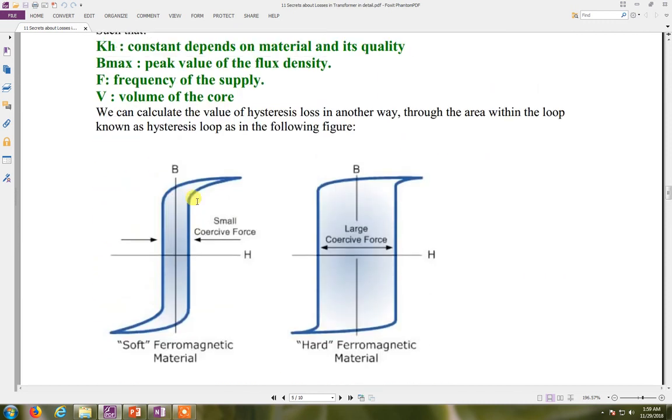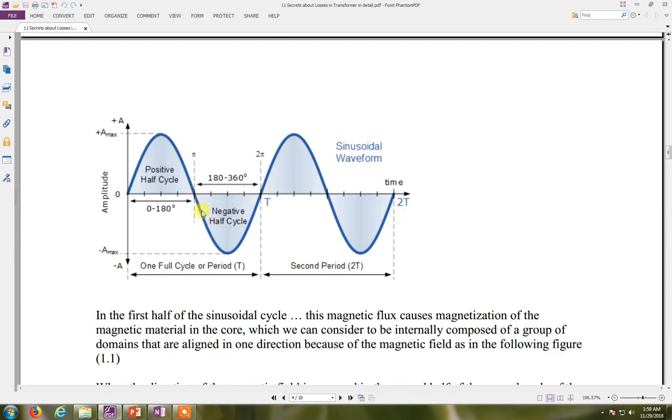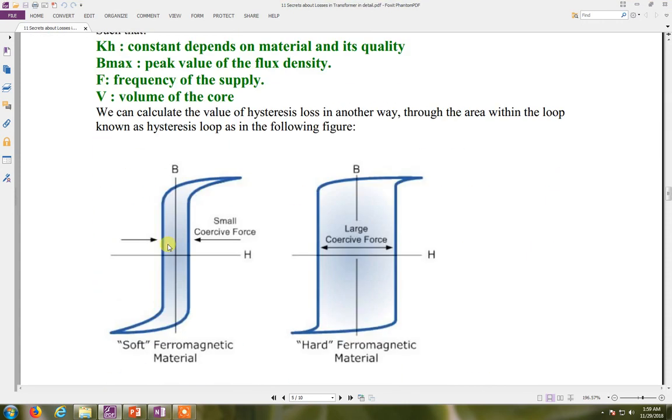When the current flows in the other direction, from this zero point into the negative path, some amount of current is needed to make the magnetism zero. If we further increase the current, the flux density also increases, and after some time it gets saturated, and after that if we increase the current, the flux density will not increase.